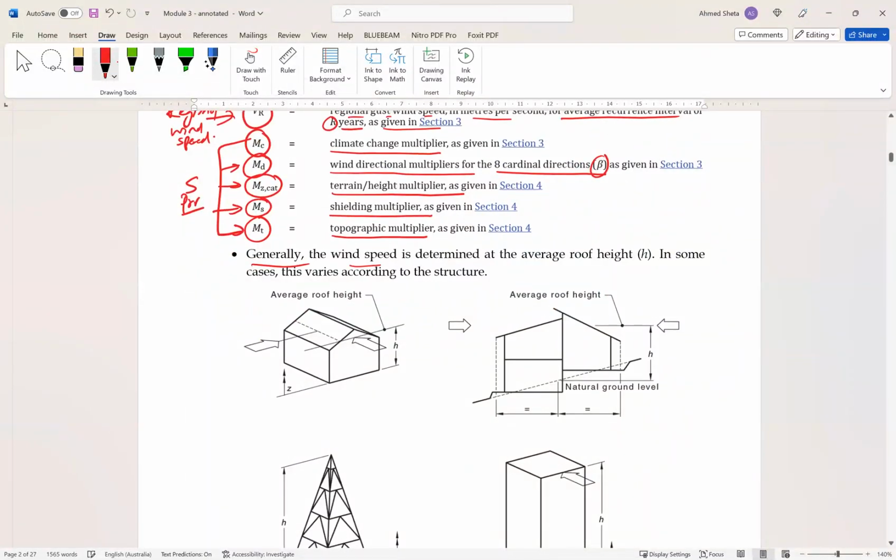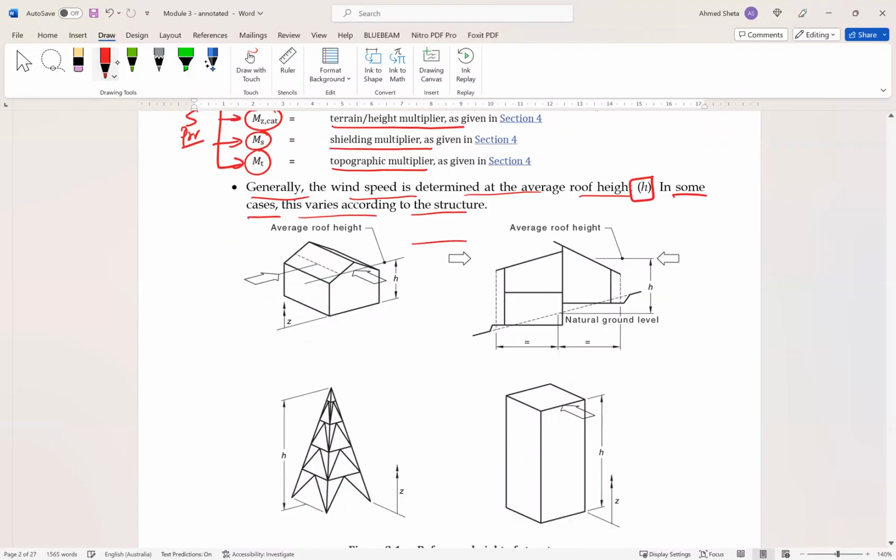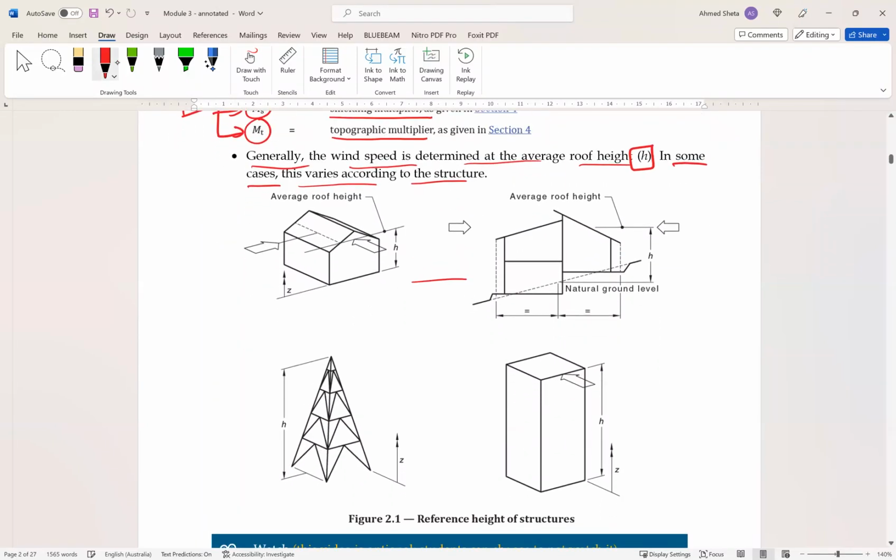Generally, the wind speed is determined at the average roof height, h. In some cases, this varies according to the structure, as shown in this figure. Here, as you can see, there is this height, this height, this height, so h is the average height. Here as well, this is another case to find the height.